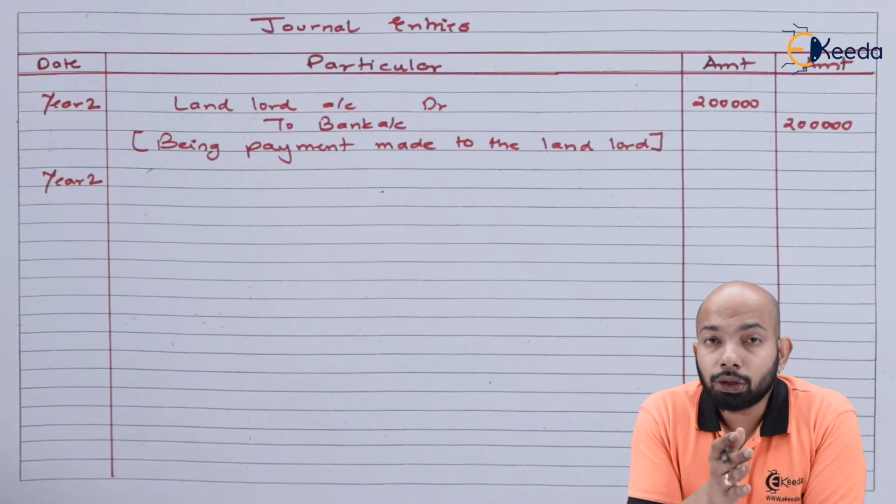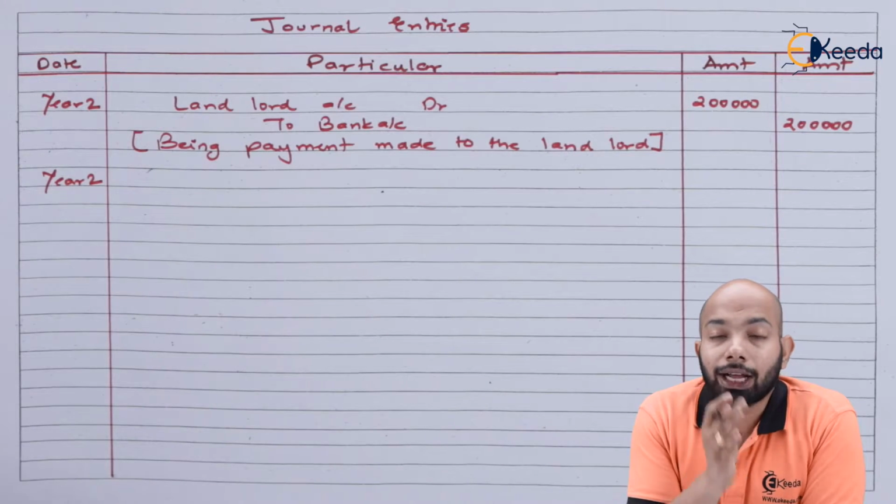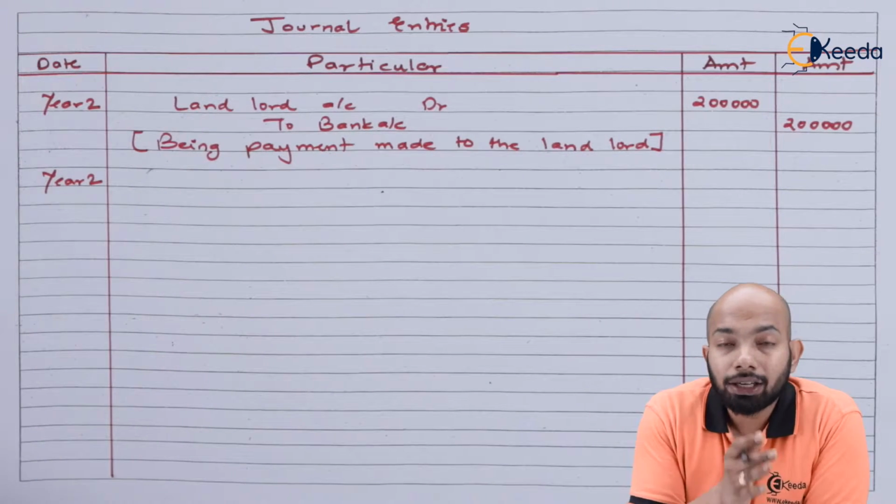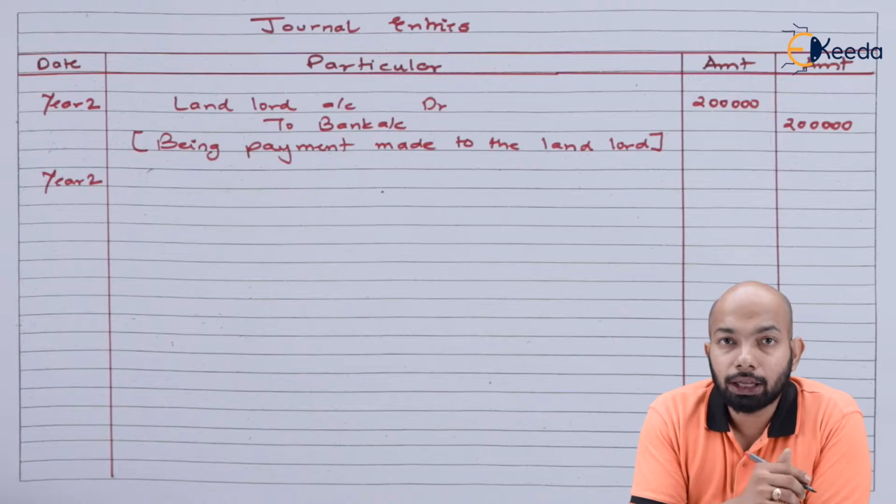Now again, the year 2 entry will be closed after transfer of royalty to profit and loss account. So let's do that. This royalty will be 1,30,000.